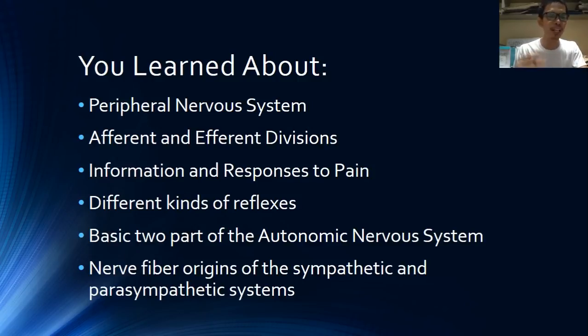I will repeat, pain is very important because it tells us if we are threatened. It is always connected to the survival of the organism. In this lesson we also included the reflex arc.